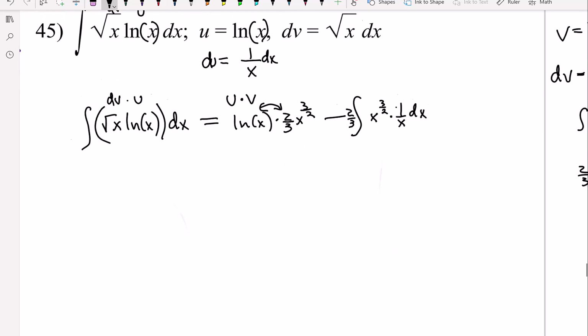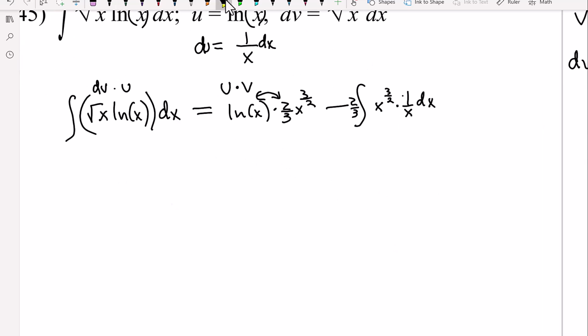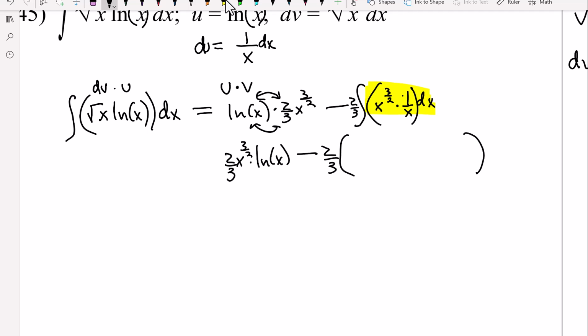All right. So notice we have this stuff right here to integrate. So what we can bring down is 2/3 x to the 3/2 times the ln of x. All I did was rewrite it like that. We're subtracting 2/3, and now we're going to integrate this stuff.